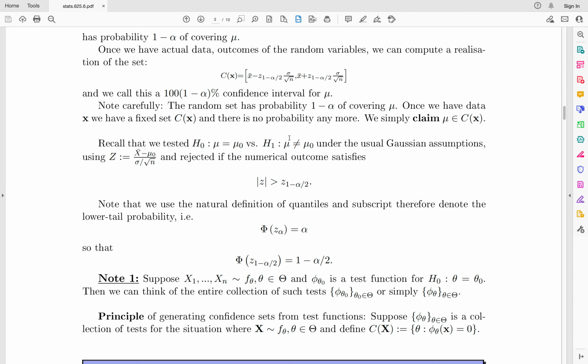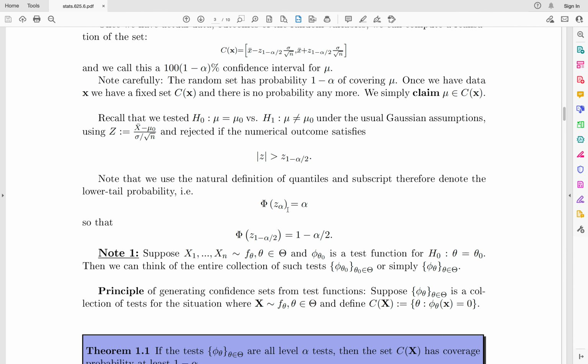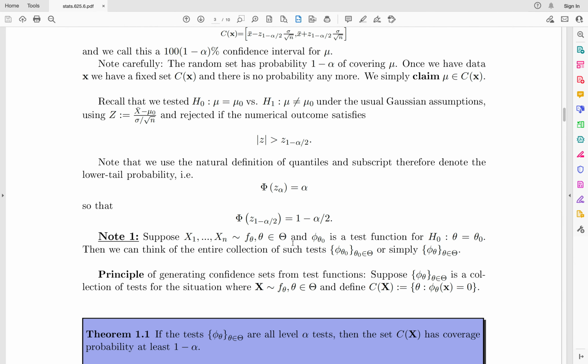And you'll note that we're using the notation z sub alpha to denote the lower alpha quantile, and correspondingly z sub 1 minus alpha over 2 is the value such that there is 97.5 probability, if you like, below the z value. So the probability corresponds to the subscript. And textbooks do this differently.